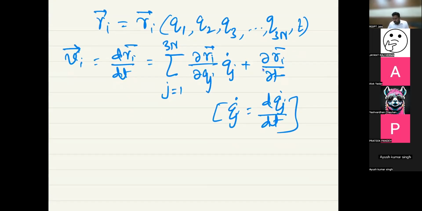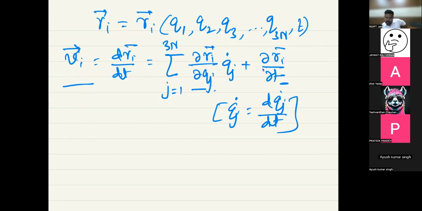Is it clear to everyone why we are writing this? If ri is a function of these generalized coordinates q1, q2, q3, we can write the velocity dri by dt like this. You can take the partial derivative with respect to the generalized coordinates, del ri by del qj, and also the partial derivative with respect to time. Is this differentiation clear to everyone? If you have any doubts regarding this differentiation, you can tell me.